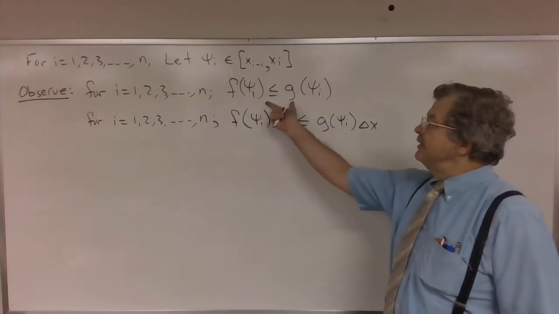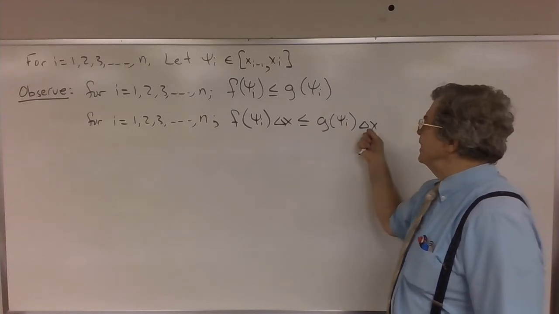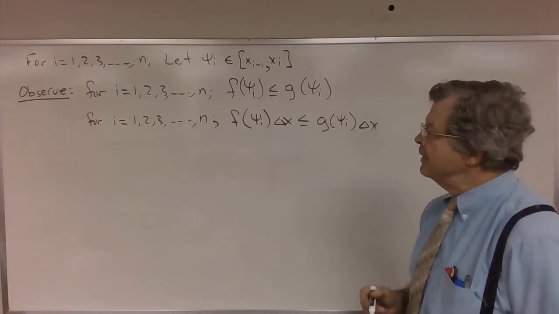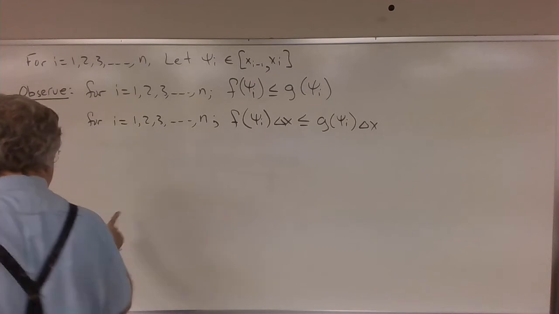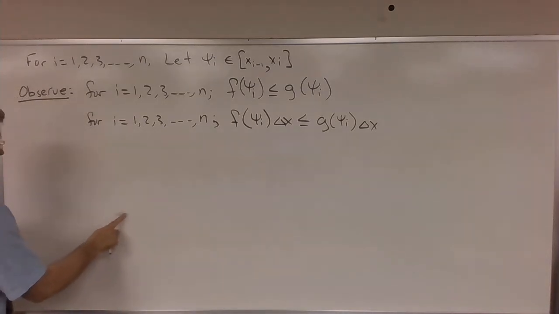We're just taking this inequality and multiplying both sides by the same positive number. So the inequality stays the same.